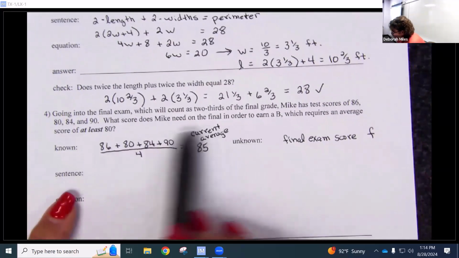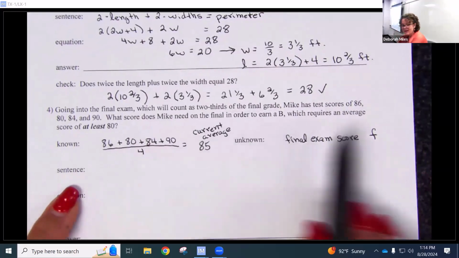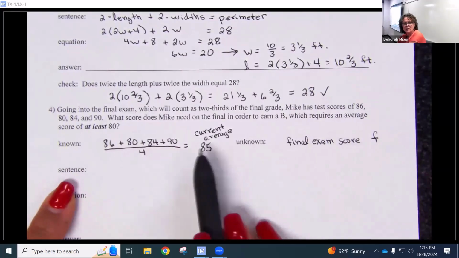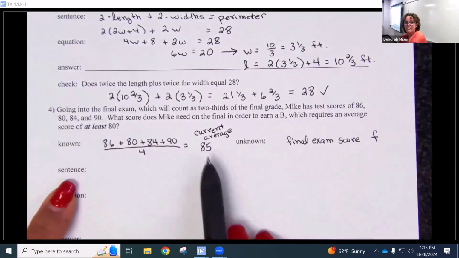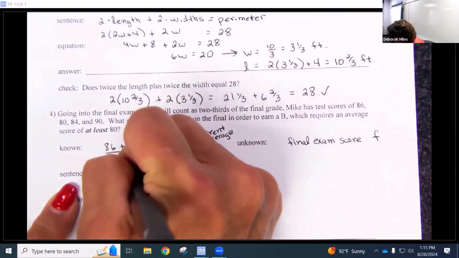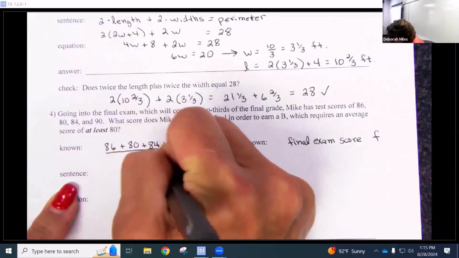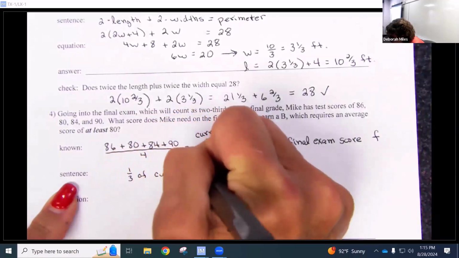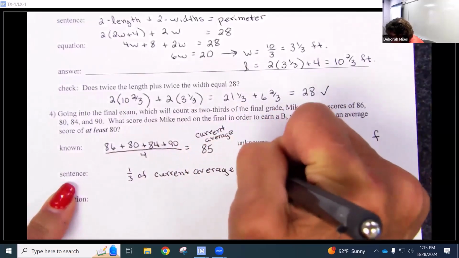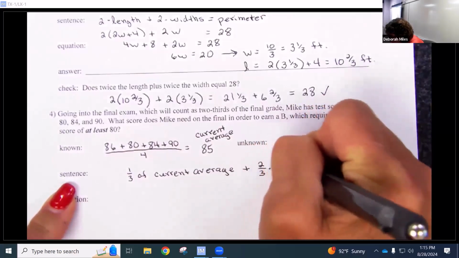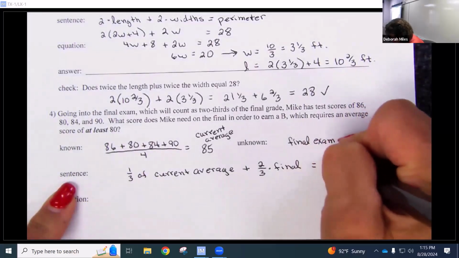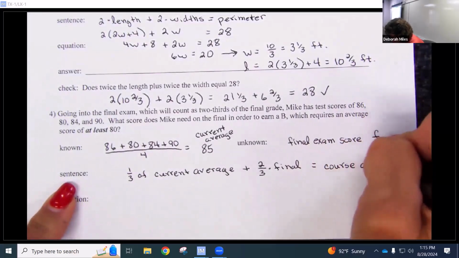Now I've got to make a sentence with all of that. And I know his final counts 2/3 of his grade. That means his current average counts 1/3 of his grade. So 1/3 of current average plus 2/3 times his final equals his course average.